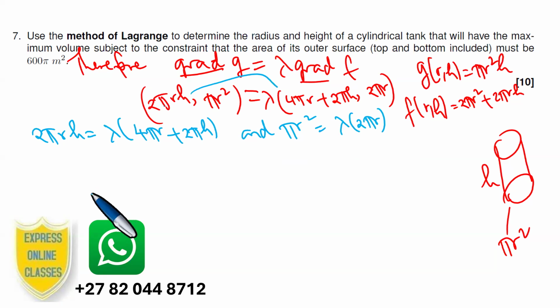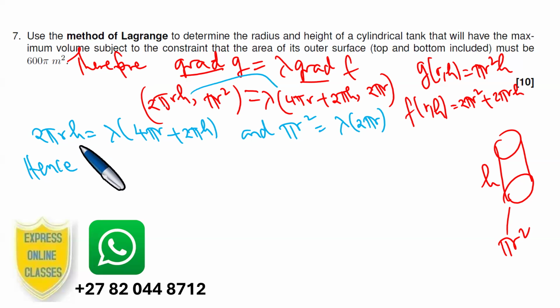So at this point, we have exactly that. Hence, we divide through by 2 pi.